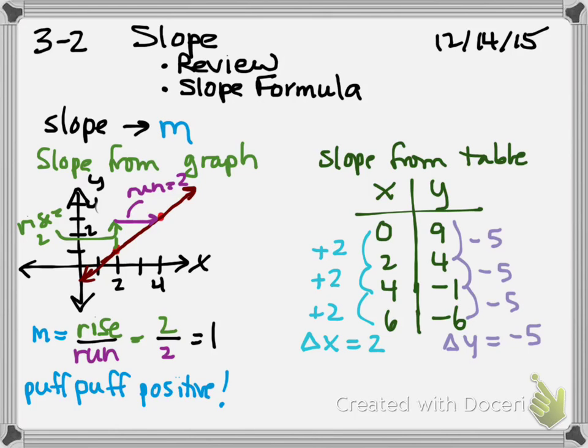So the change in y is the same as rise, and the change in x is the same as the run. So if I put those together, my slope is going to equal rise over run, or in this case, change in y over change in x.